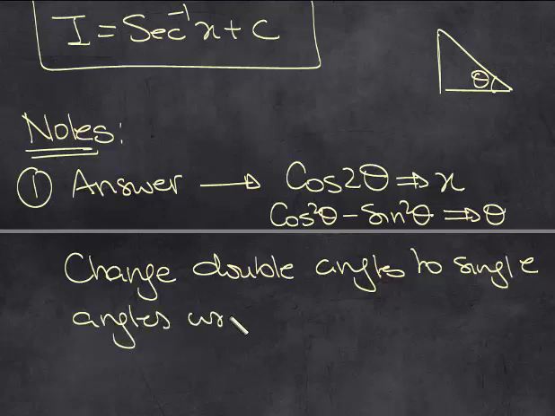So if you end up with double angles or something like that, you do need to change them to single angles because the right triangle only works with single angles. So that's one thing to remember.